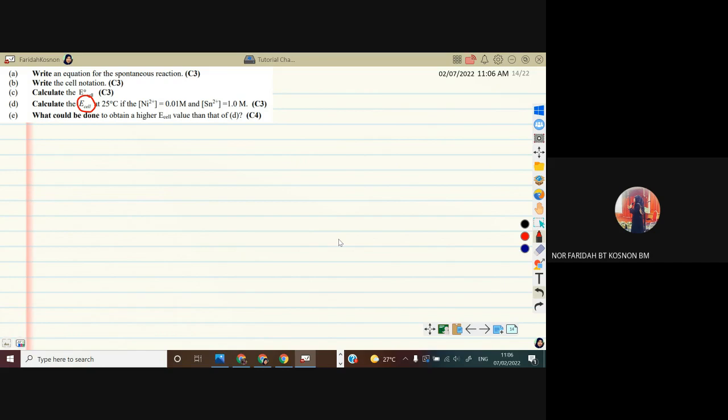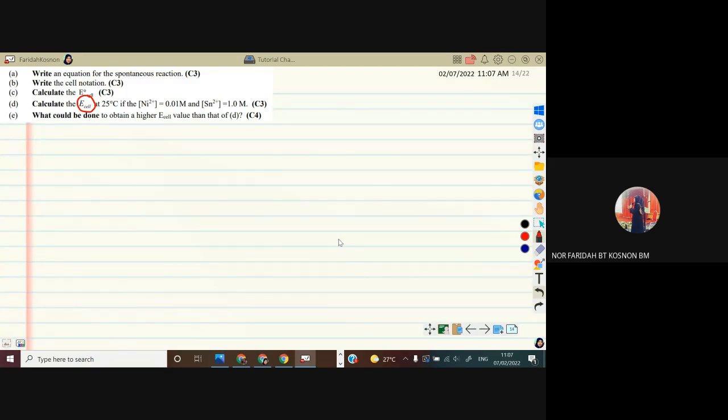Kita baru kira E node cell. Apa itu E node cell? Keupayaan sel yang beroperasi pada standard condition. What are the standard condition? 25 degrees Celsius, the concentration of the electrolyte must be 1 molar. If it is involved pressure, the pressure of the gas must be 1 atm. Okay, and then the electrode must be in its pure, most stable state lah, maksudnya solid kan.